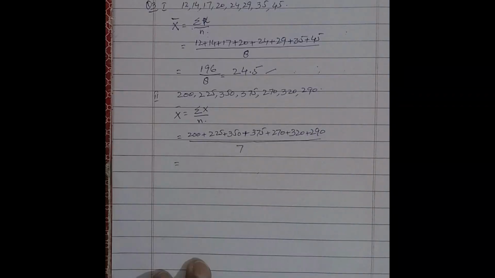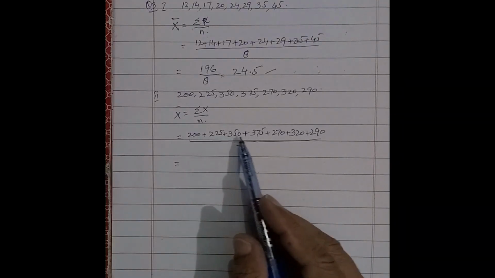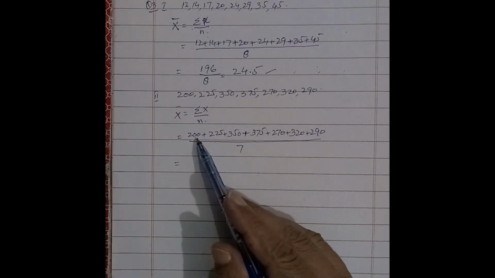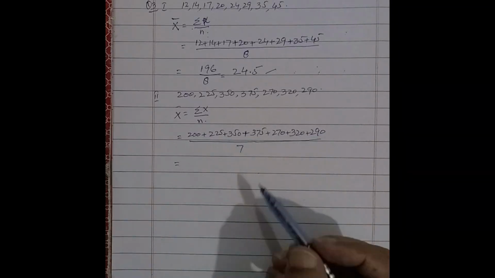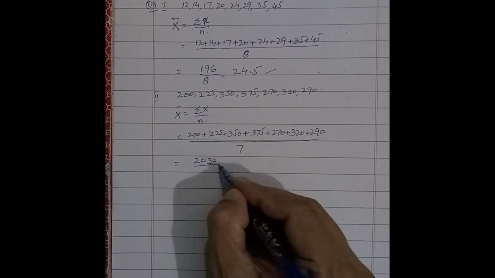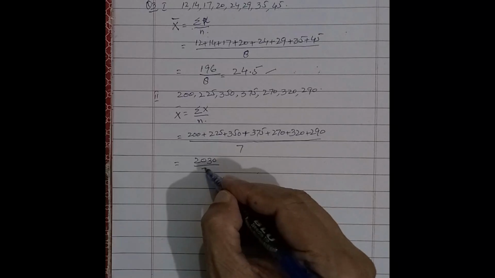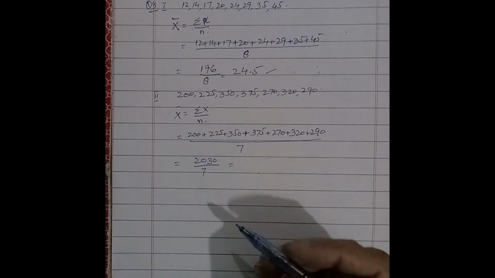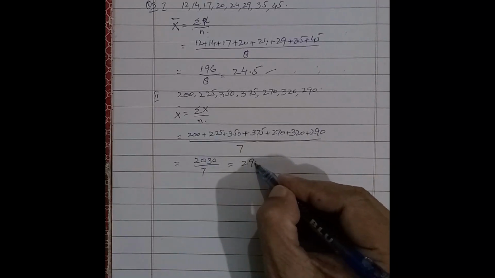The number of values in the data is 7. So first we add all these values and then divide by 7. When we add these values, the answer we get is 2030 over 7. And when we divide 2030 by 7, we get 290.